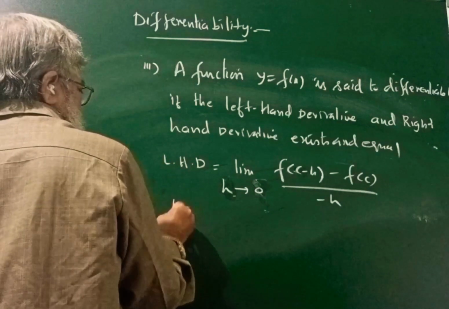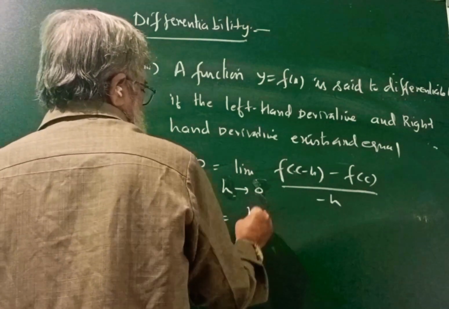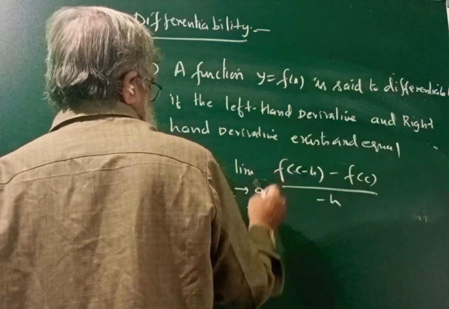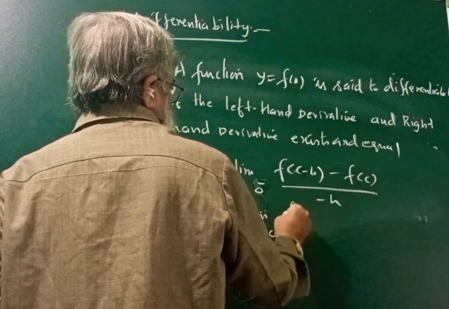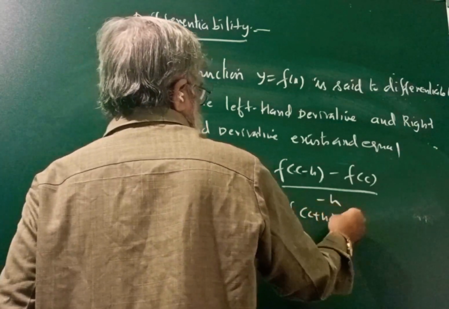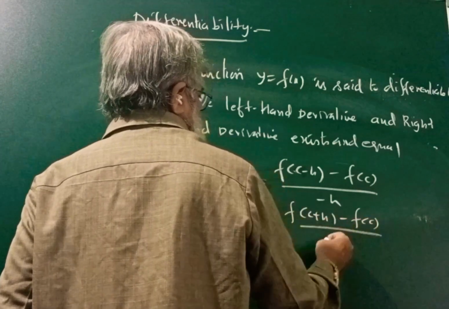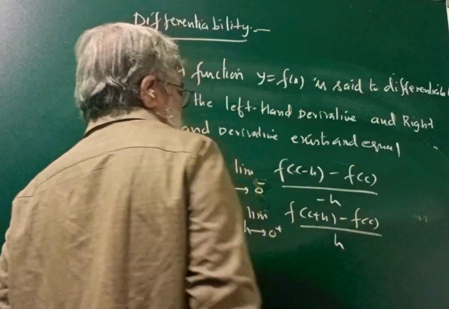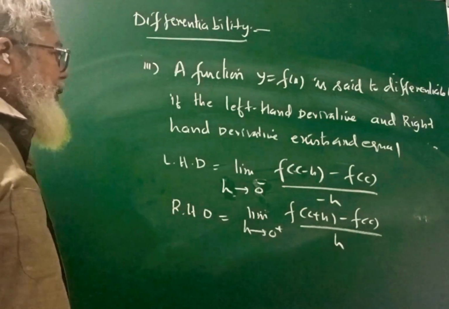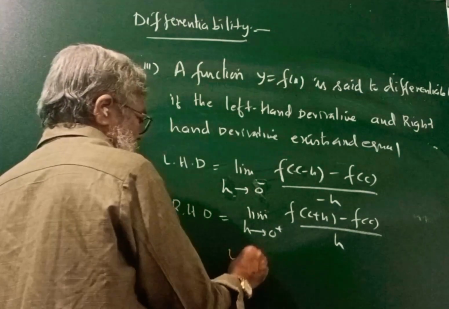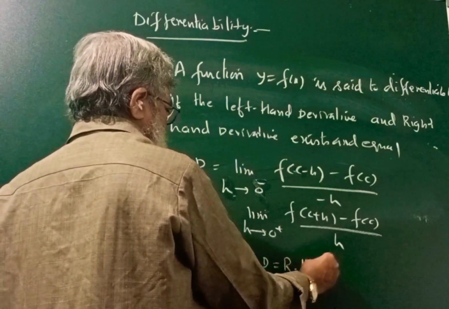And the right hand derivative is the limit from the positive side of f(c plus h) minus f(c) divided by plus h. If both limits exist and are equal, then the function is differentiable at the given point.